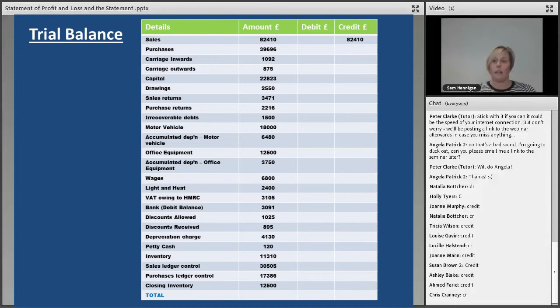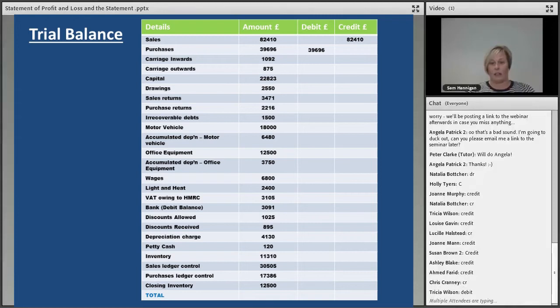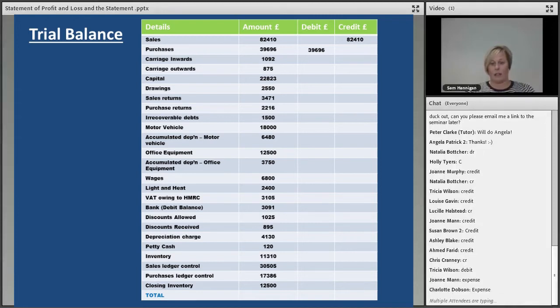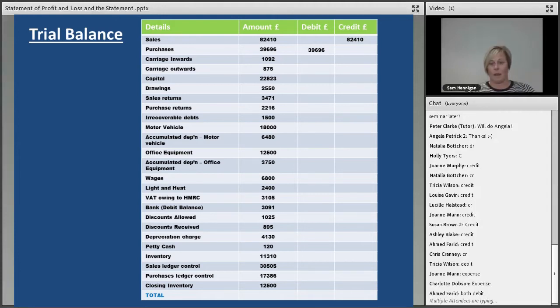If your sales is a credit and the P is on the debit side, your purchases have got to be the debit entry. Now this is a tricky one that people get stuck with, carriage inwards and carriage outwards. What do you think we would class carriage inwards and outwards as? I'll just give you a couple of seconds to type it in the chat. Brilliant.